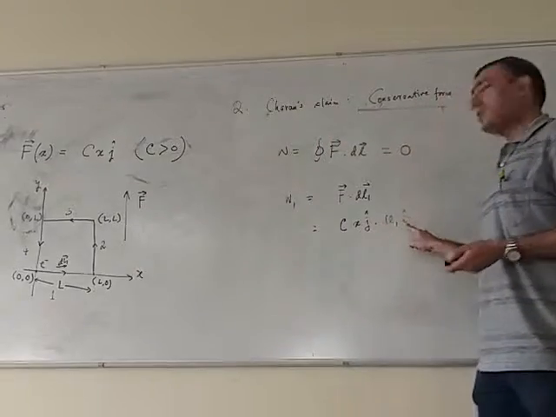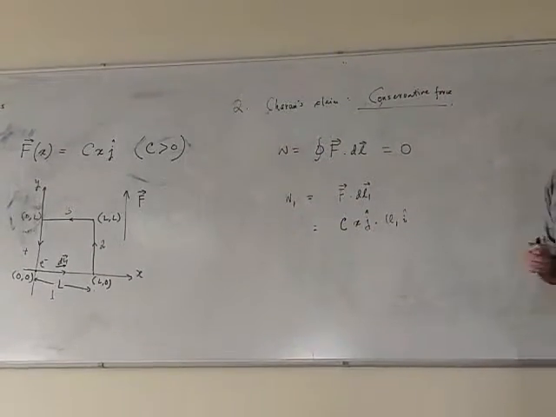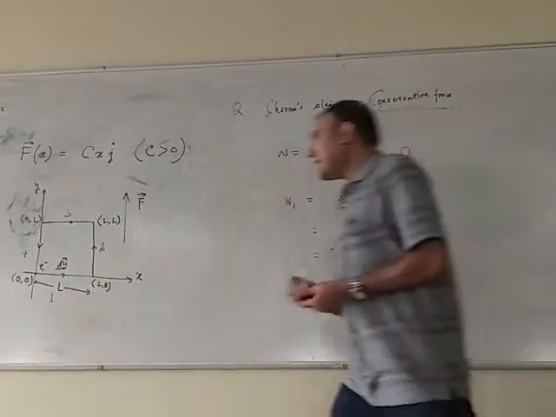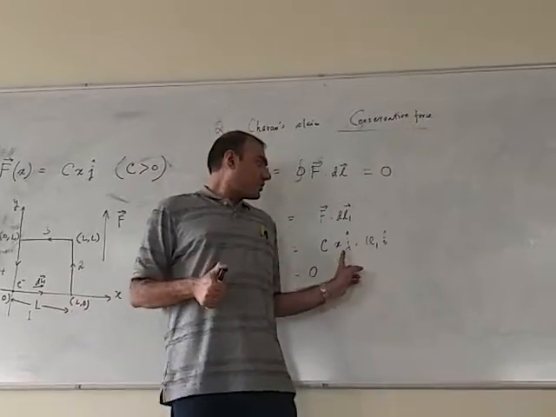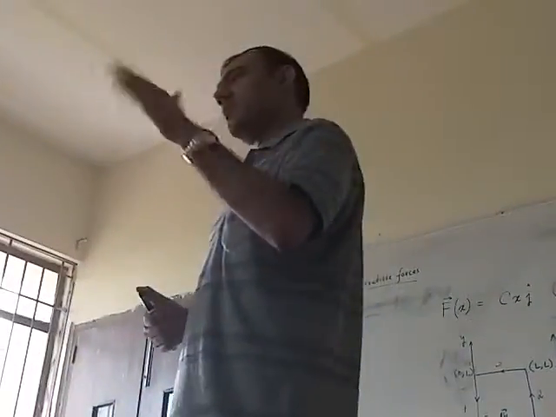So it picks up i cap. What is i cap dot j cap? 0. So there is no work done, at least for the first leg. Without doing any integrals, just because the dot product has vanished, the work done is 0.